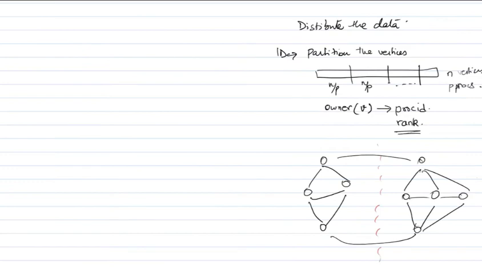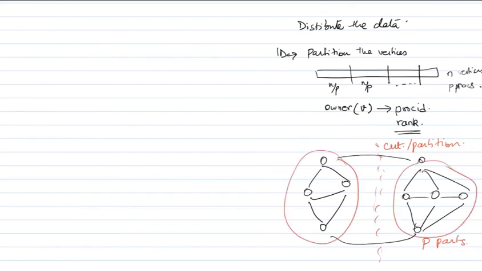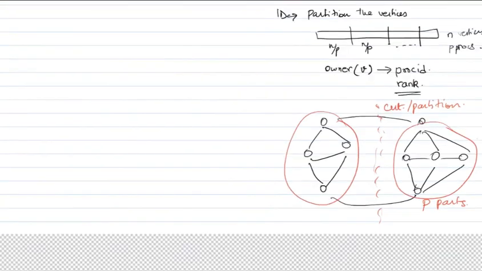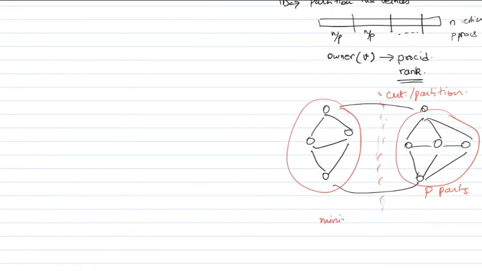So they try to identify a cut, or basically a partition, that divides the graph up into P parts, as many as the number of processes, so that each of these parts is dense and you minimize the number of edges in the partition. That means the edges going across the clusters.